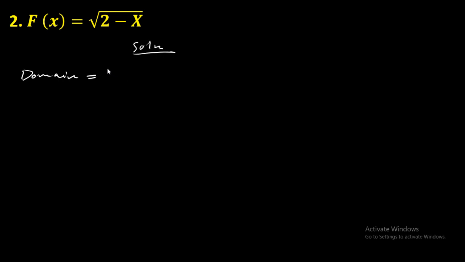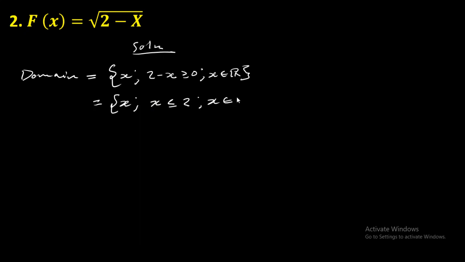The domain of this function is x such that 2 minus x is greater than or equal to 0, where x is a member of real numbers. In our previous tutorial video, I already explained this expression. We discover that the domain is x less than or equal to 2, where x is a member of real numbers.